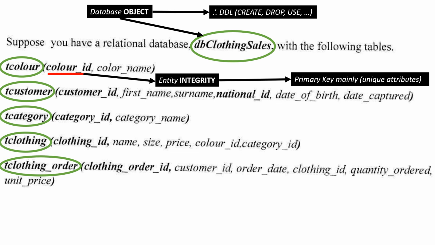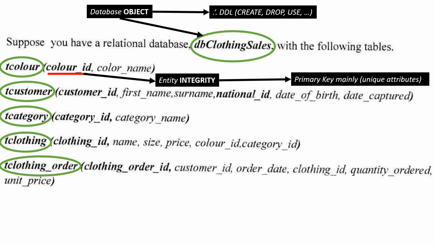However, every column that is unique, or every column that has a unique constraint, can possibly be used as a primary key, or can possibly be used to enforce entity integrity. So a candidate key can enforce entity integrity. An alternate key can enforce entity integrity.